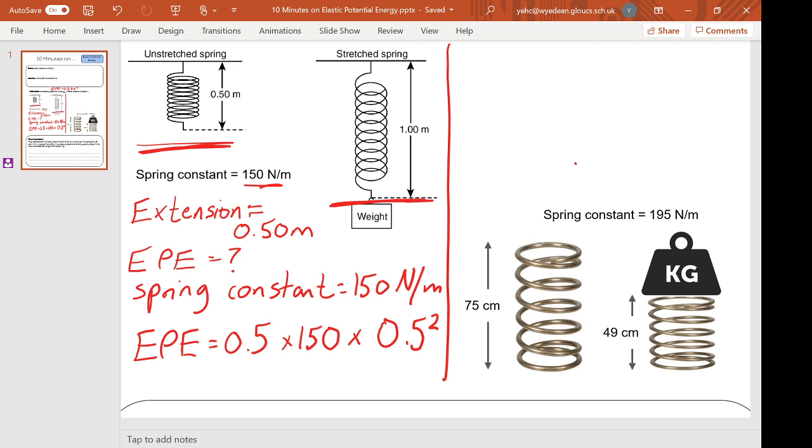So 0.5 squared, and then I'm just going to times all of those together. Check on your own calculator to make sure that you're able to get the same answer. I got 18.75 joules. So just check that you're getting that answer.